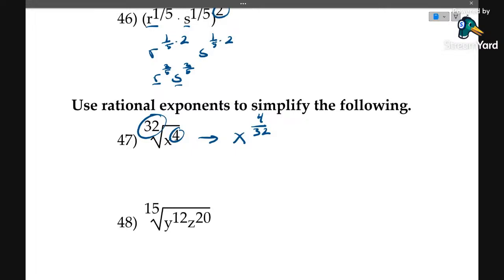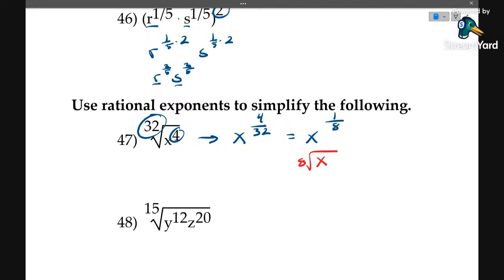We can simplify that fraction as 1 over 8. And then we can either leave it in the rational exponent notation with the positive exponents, or we could have the equivalent representation in radical notation with the 8th root of x to the first power.